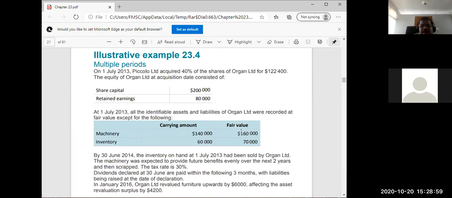So we need to depreciate this fair value over the next 2 years. But remember, the depreciation in their accounts is based on the carrying value, so we only provide the additional depreciation based on the difference of 20,000.